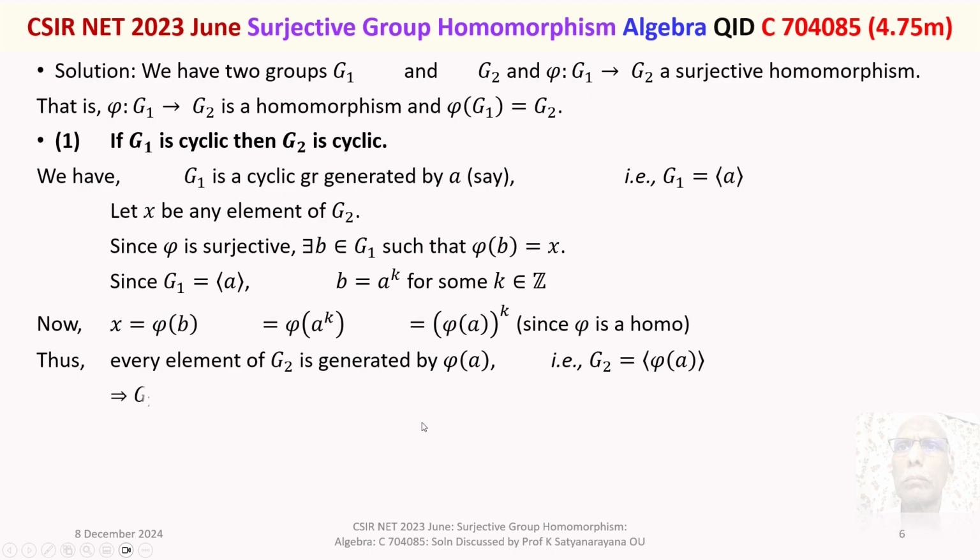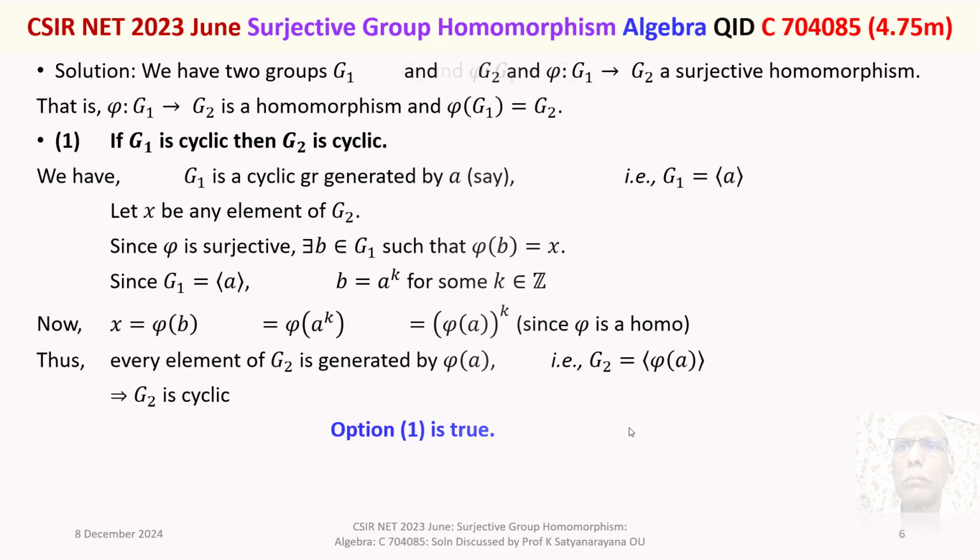So G2 is cyclic. Thus we have proved when G1 is cyclic, then G2 is also cyclic. In this, we have used the fact that phi is a surjective homomorphism, which is necessary here. So option 1 is true.